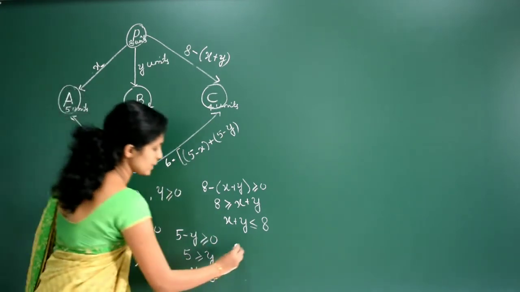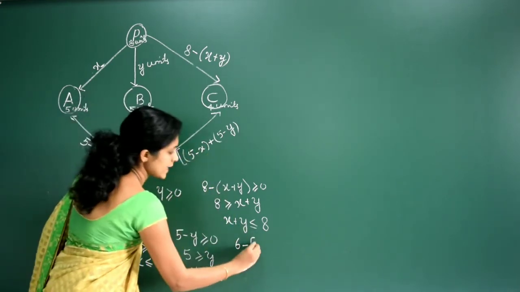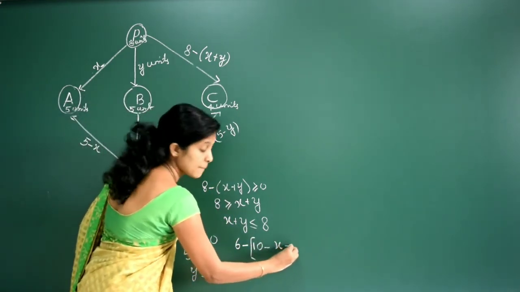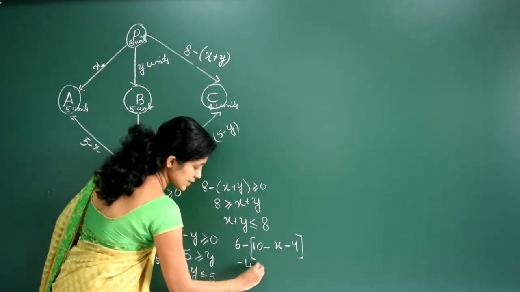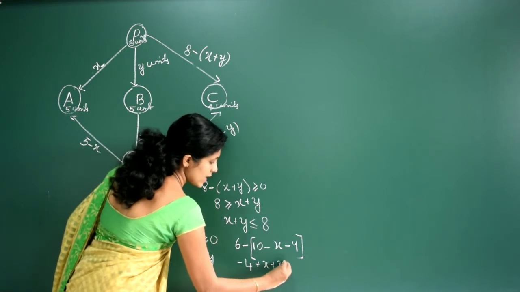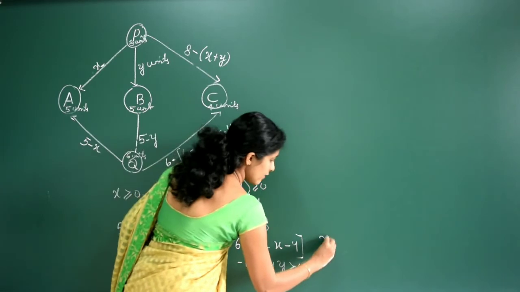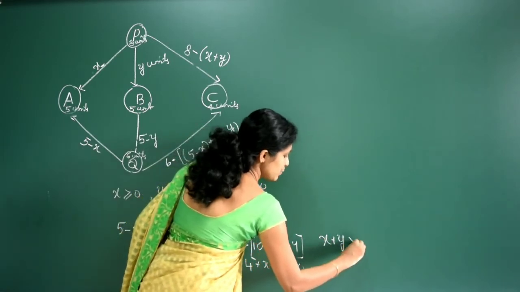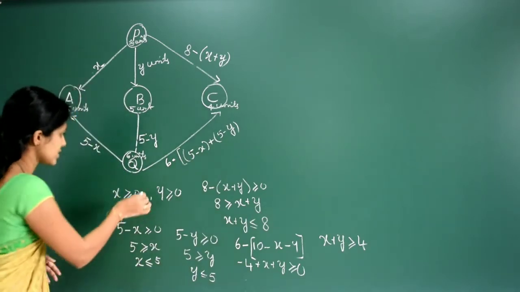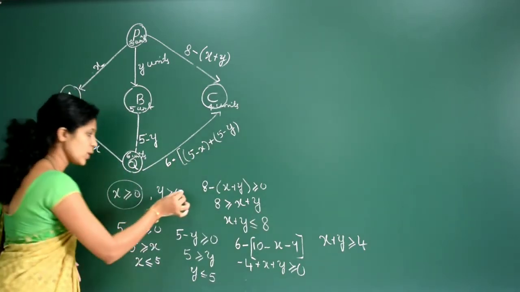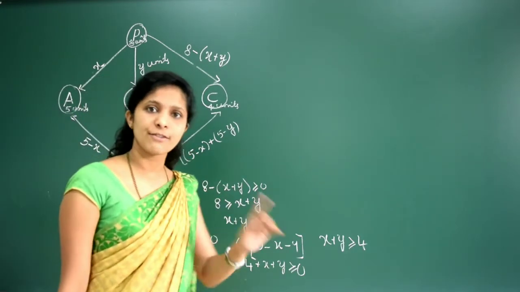Next, the third one: 6 minus (10 minus x minus y) should be greater than or equal to 0. So 6 minus 10 is minus 4, plus x plus y, should be greater than or equal to 0. So x plus y should be greater than or equal to 4. Is it clear? So these are the constraints. One is x greater than or equal to 0 and y greater than or equal to 0. That means it should be in the first quadrant.